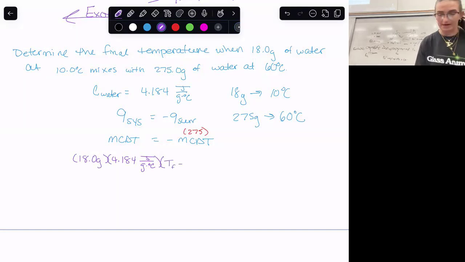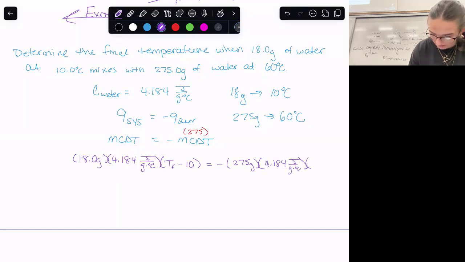So we have T final minus, do you know what the initial of our 18 gram one is? It's 10. So then we can do the same thing for the right hand side. We have negative 275, and we have delta T, which is going to be T final minus 60.